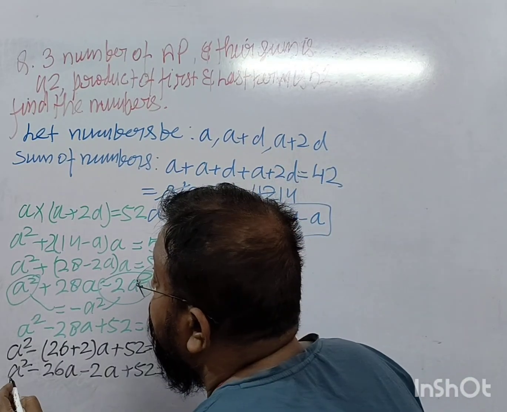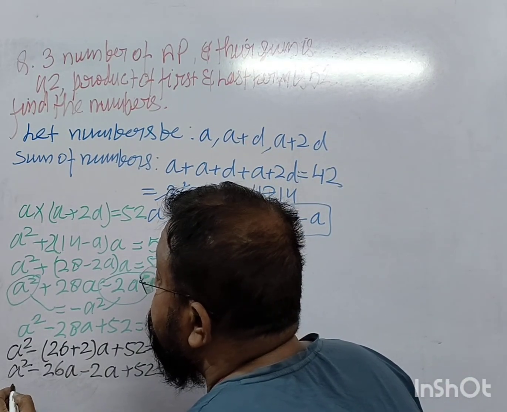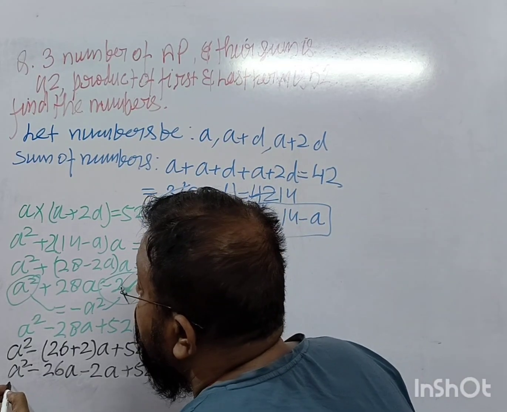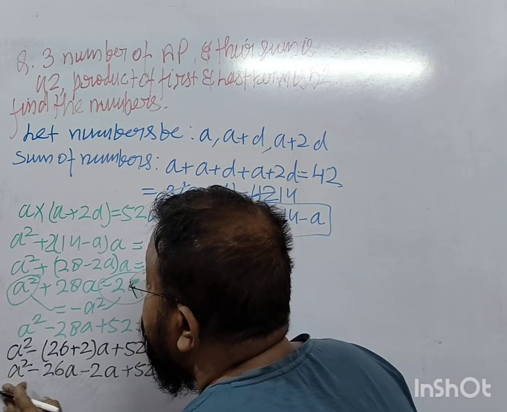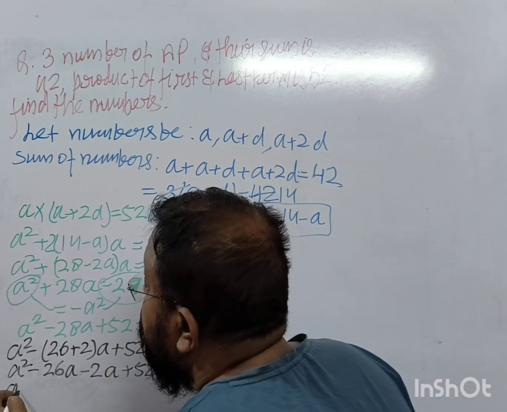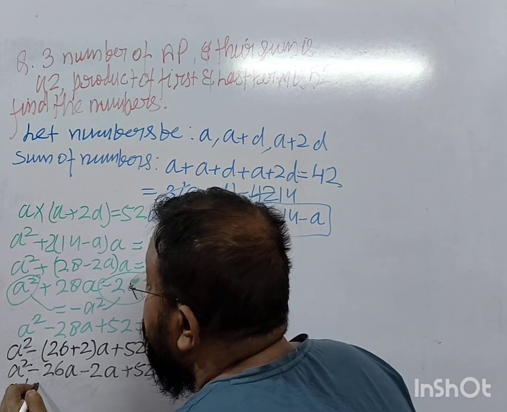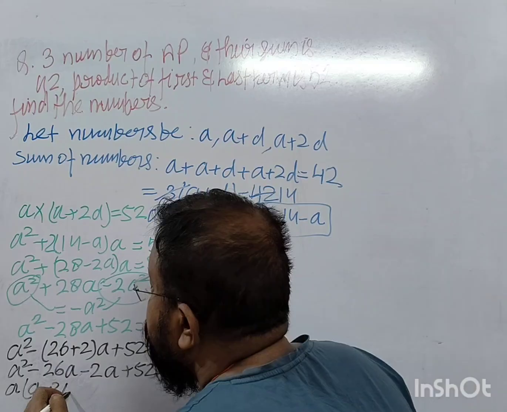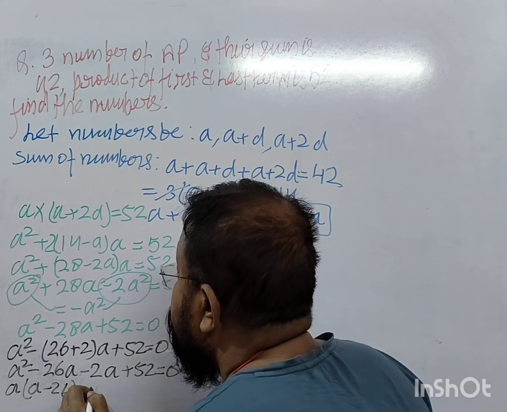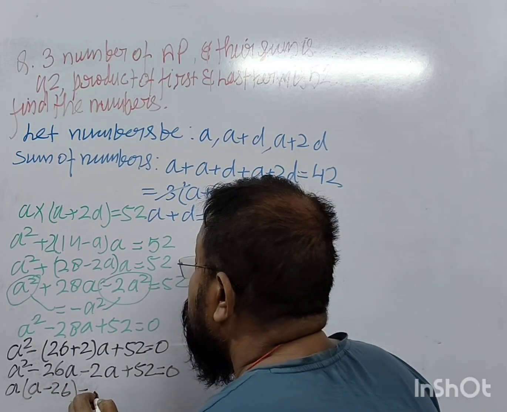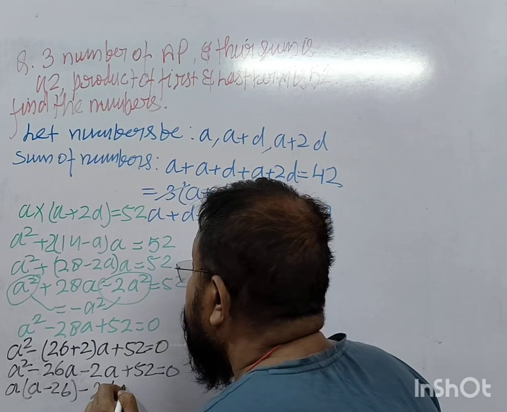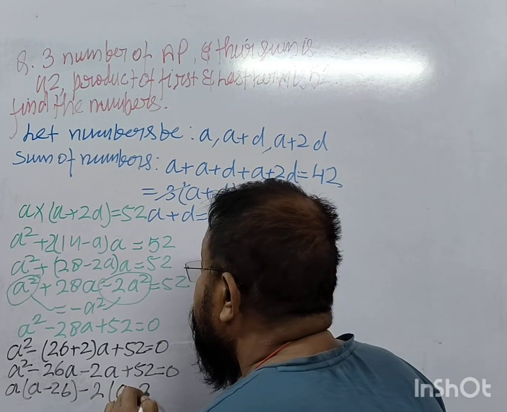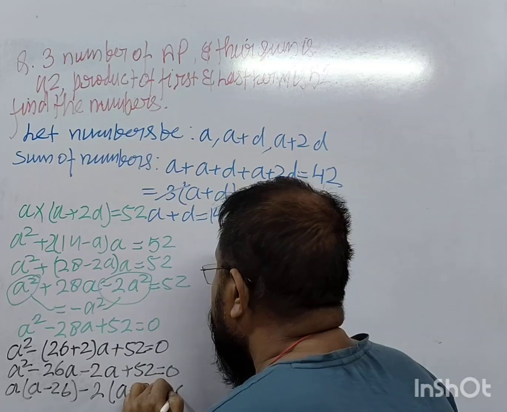So this is a square, sorry, you take a as common, so a bracket a minus 26 minus 2 common a minus 26 is equal to 0.